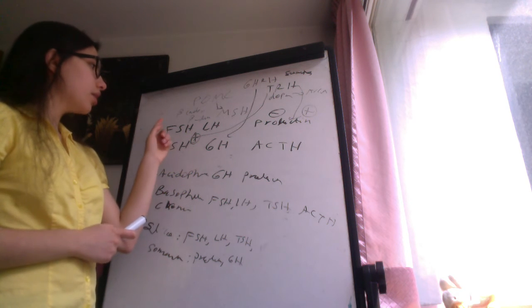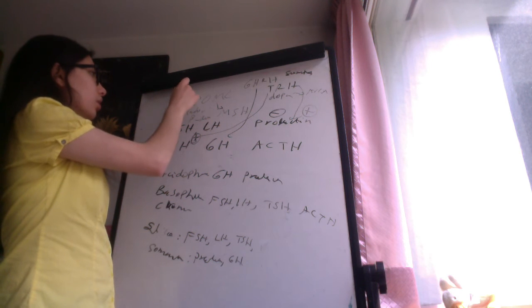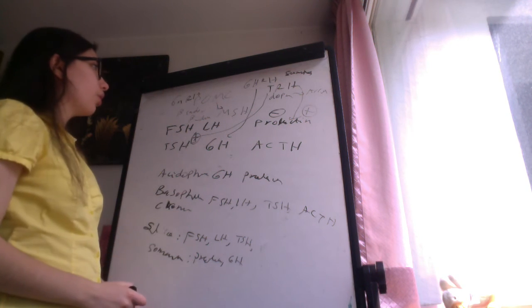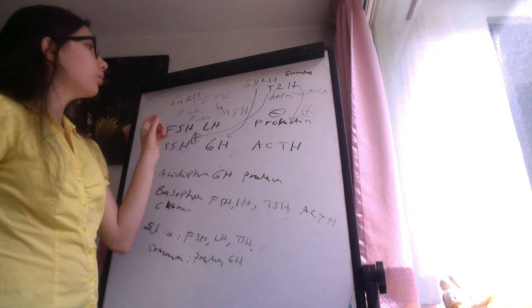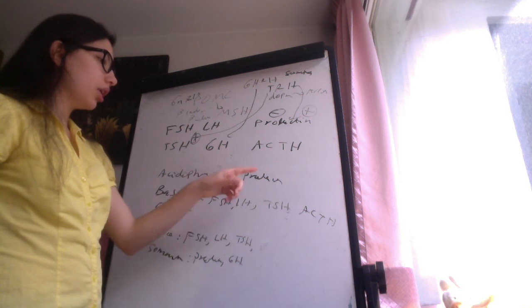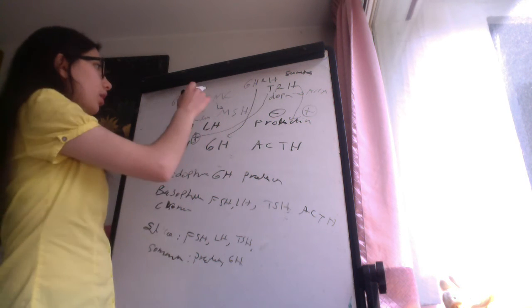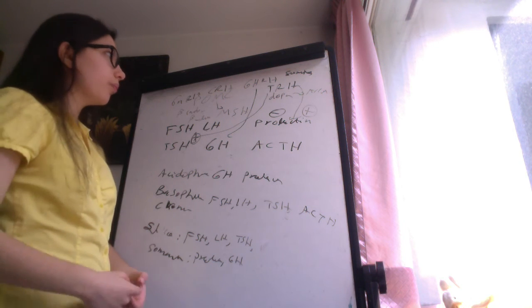The FSH and LH are stimulated by the gonadotropin releasing hormones, because these two are called gonadotropin hormones. And what else? The MSH and ACTH will be stimulated by the CRH, corticotropin releasing hormone.